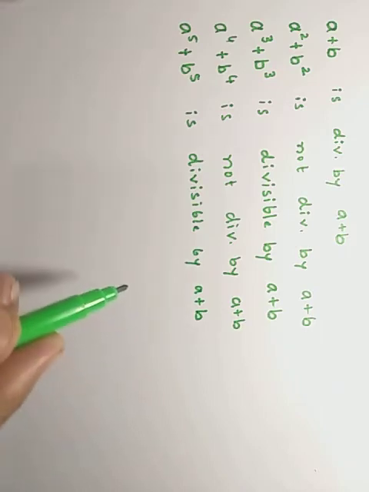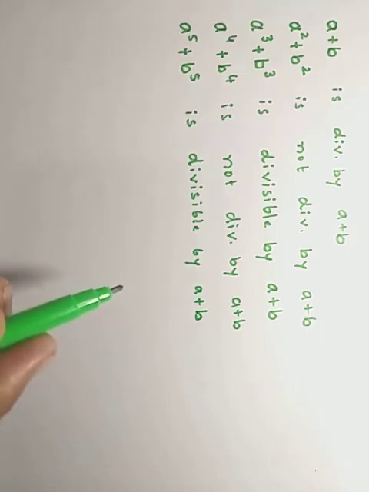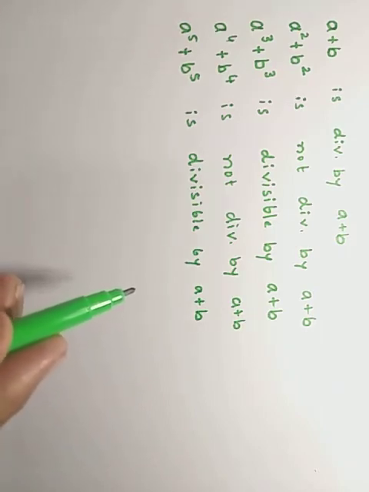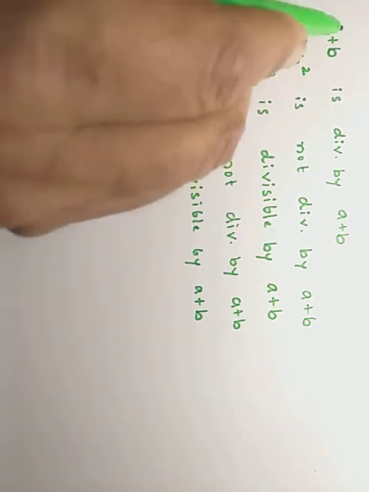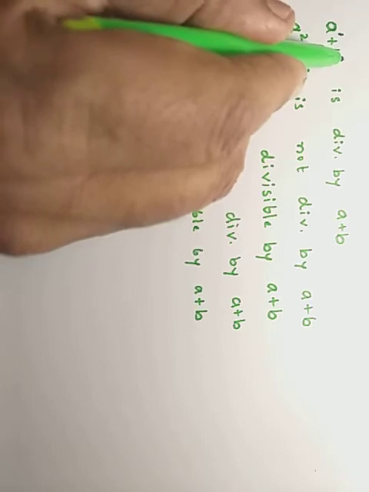Then, looking at this pattern, we will understand that here A plus B means A to the power 1 and B to the power 1.